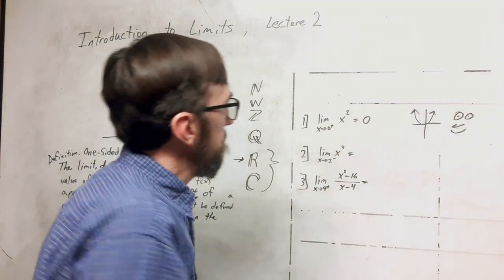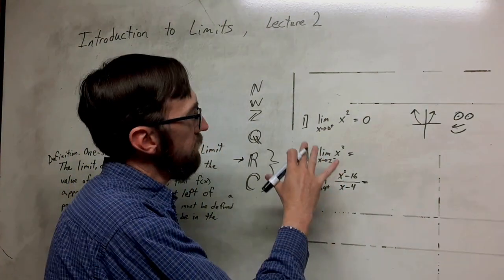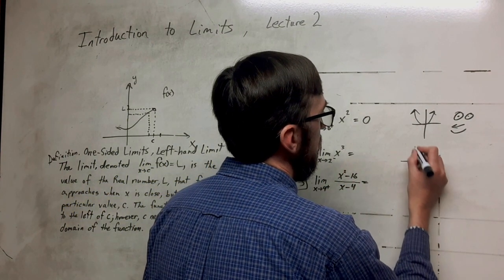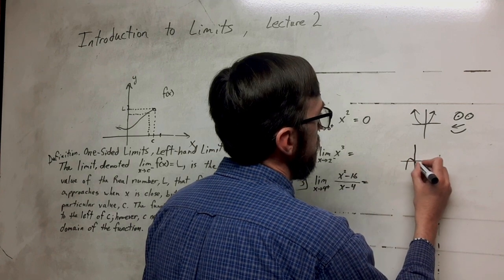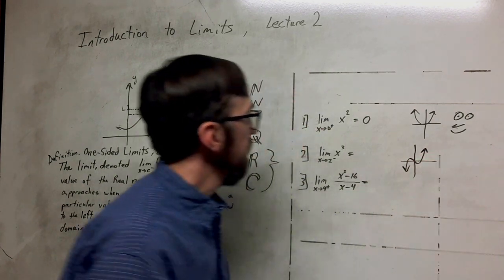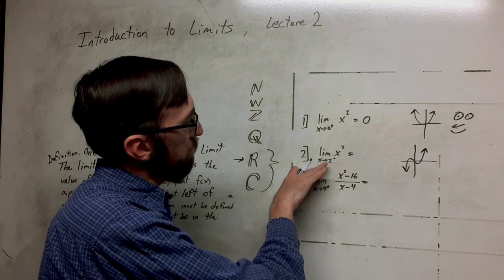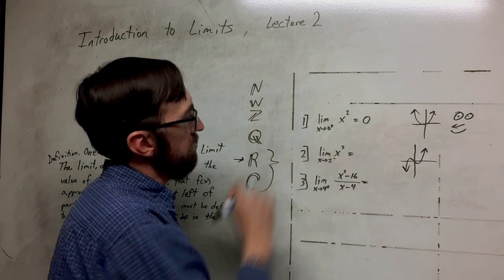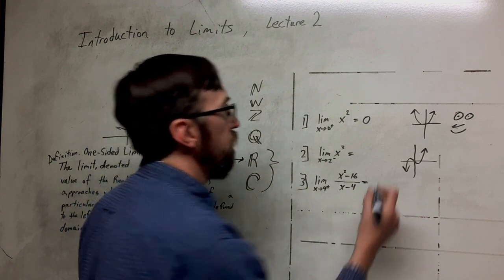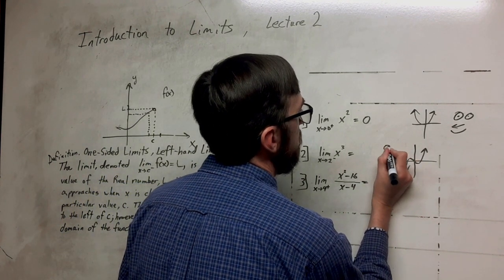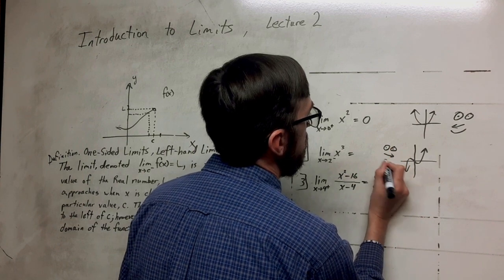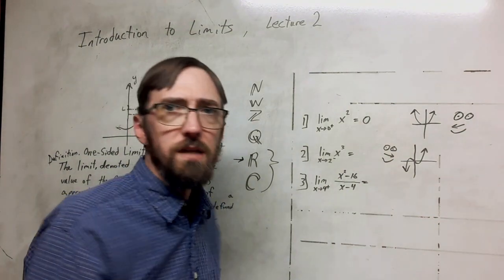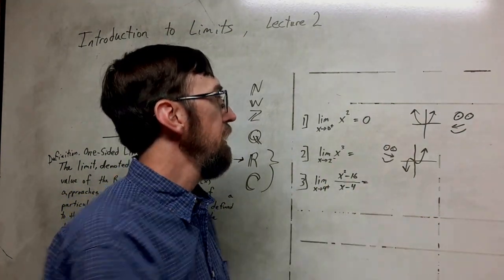All right, for the next one, I have the cubic function here. So when we look at an x-axis, we have something that does this. And in this case, we're approaching 2, and there's this superscript of the negative. So we are on the left-hand side over here, and we're looking at the axis from the left-hand side.